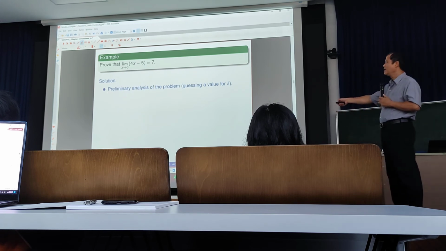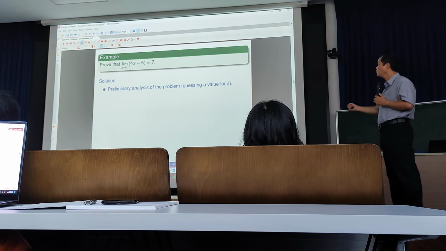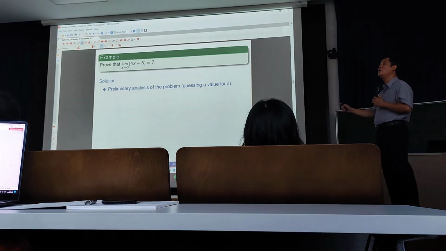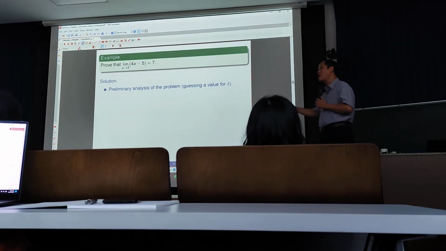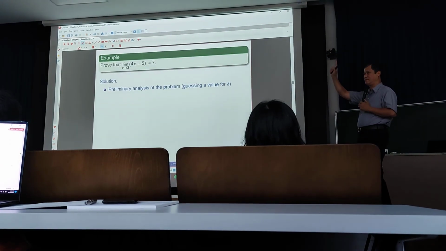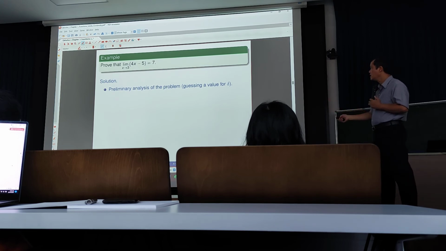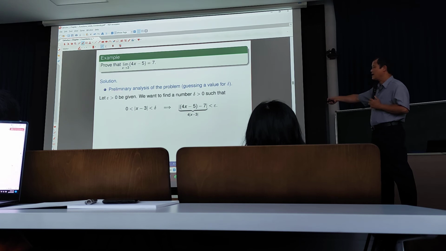First step, try to guess what a value for delta can be. How to guess it? You use the so-called backward method or bottom up, tức là em phải đi ngược từ dưới đi lên. Here, what you want to do? Given epsilon, how to find delta?